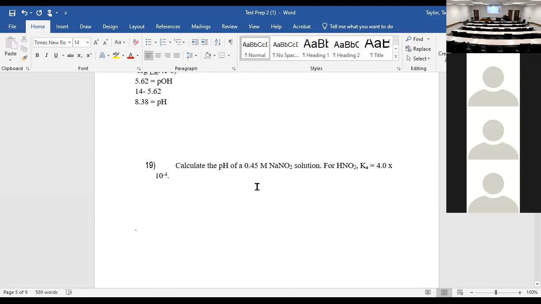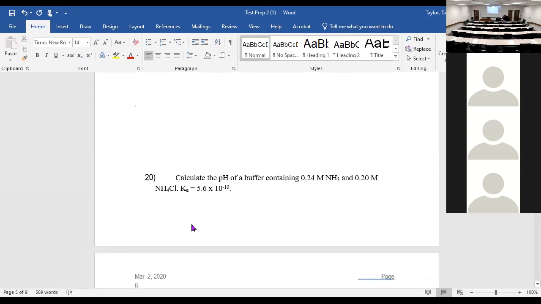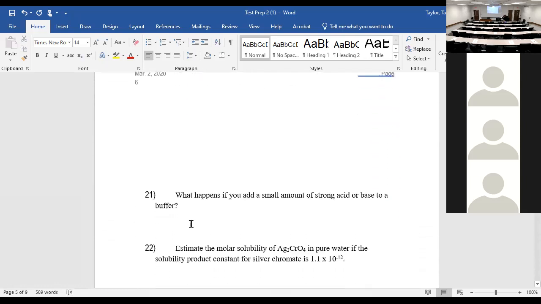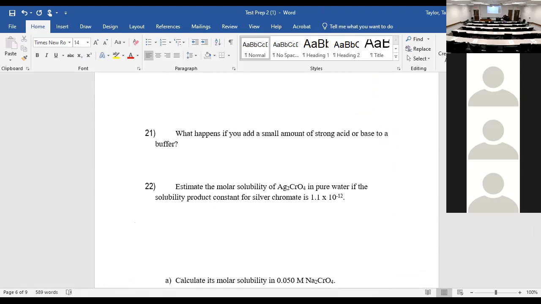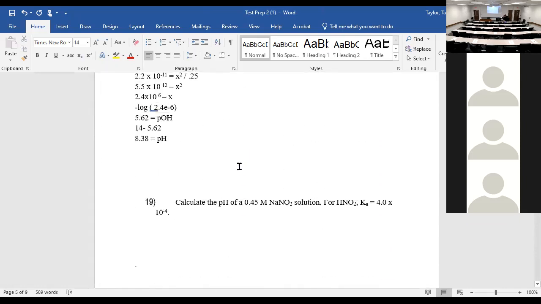I think we're about to solve one of those, and let me check here real quick before I say anything. Let's say we had HCl, or no, we need a weak acid.